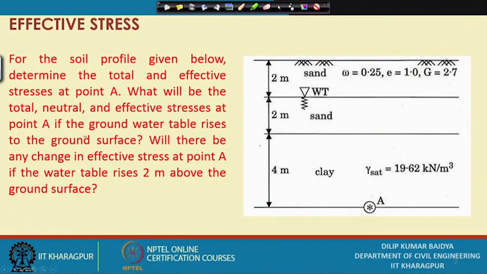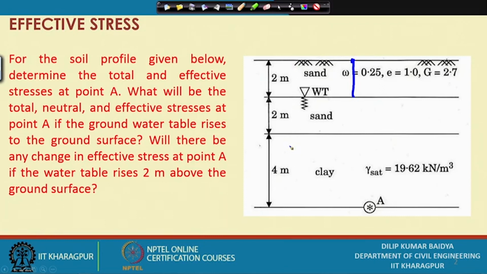Now, I will see once again the effective stress at point A. What will be the total, neutral and effective stress at point A if the groundwater table rises to the ground surface? That means the water table now goes from here to here, then there will be no gamma bulk, only gamma saturated.